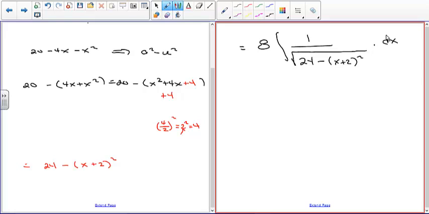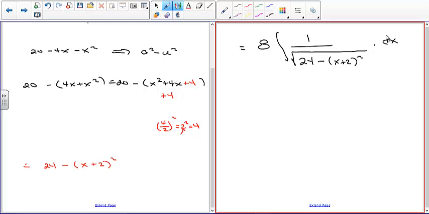So again, I haven't done any u substitution up to this point. I've just used completing the square. It's a little more difficult when you have a negative coefficient in front of x squared, but not that much more. You just have to take into account when you add it, you're really subtracting it.